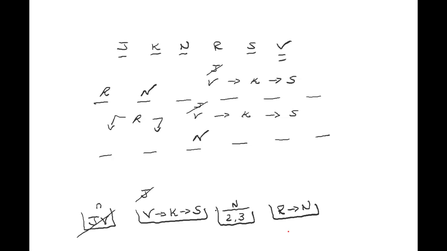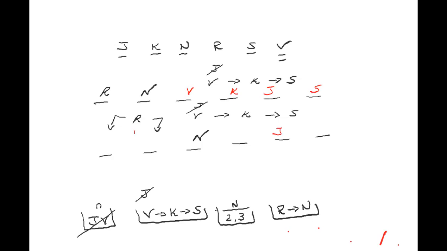Okay, so how about if we put J in 5? What happens? Well, if I put J in 5, here and here. Okay, and if I put J in 5, this would become V, K, S. And if I put J in 5 in the bottom, I've got to keep that VK thing.